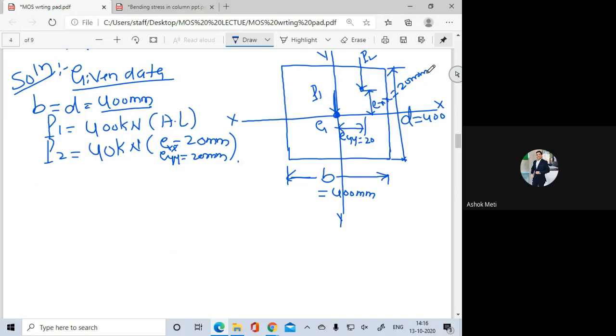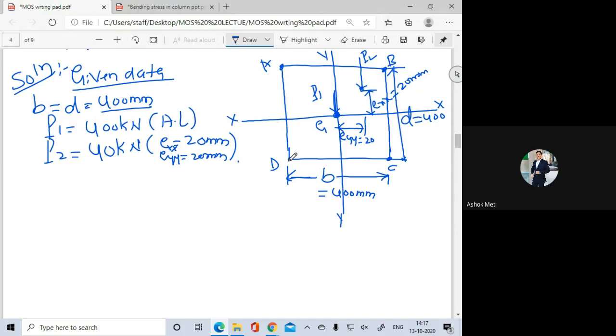So now I want to calculate the stress at the corners. This is corner A, this is corner B, this is C and this is D corner. I want to calculate the stress at A, B, C and D corners.